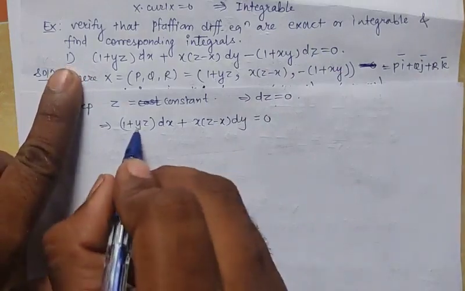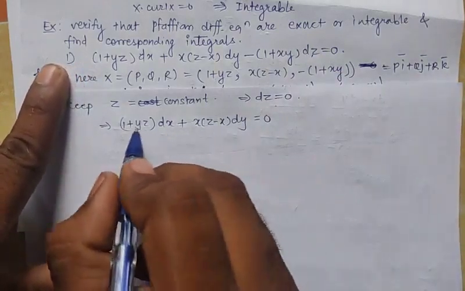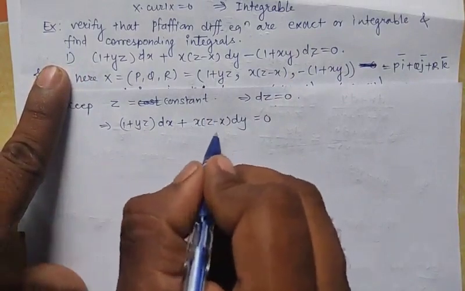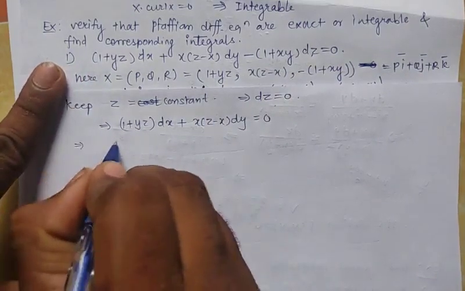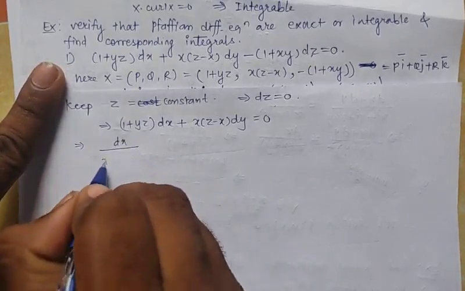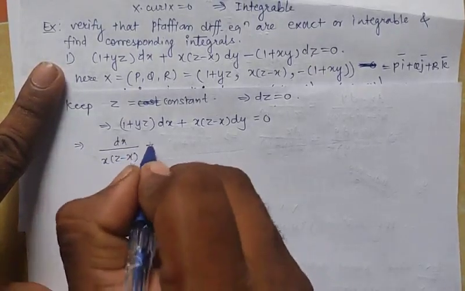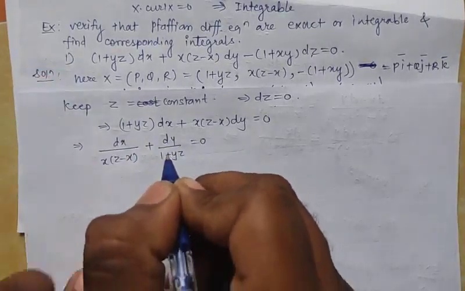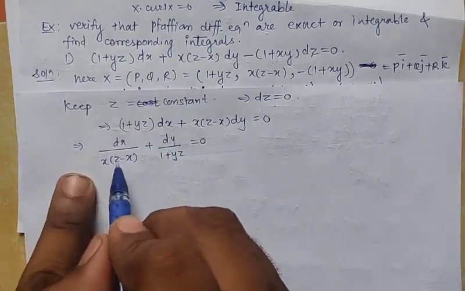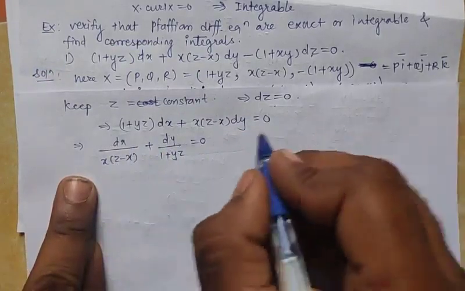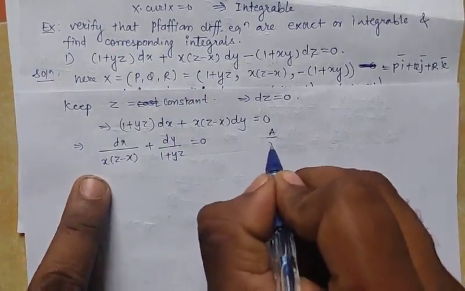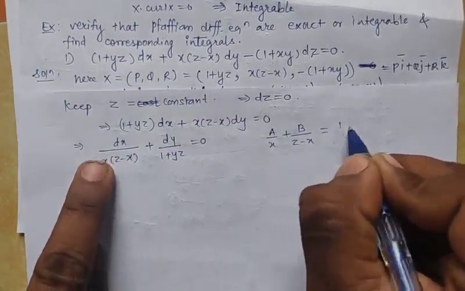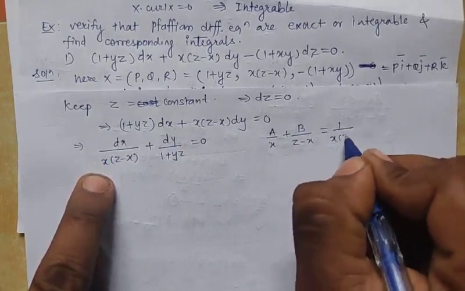Now dividing this term to the other side, we get dx upon x into (z minus x) plus dy upon (1 plus yz) equal to 0. Now separating this term by using partial fractions: a upon x plus b upon (z minus x) is equal to 1 upon x into (z minus x).